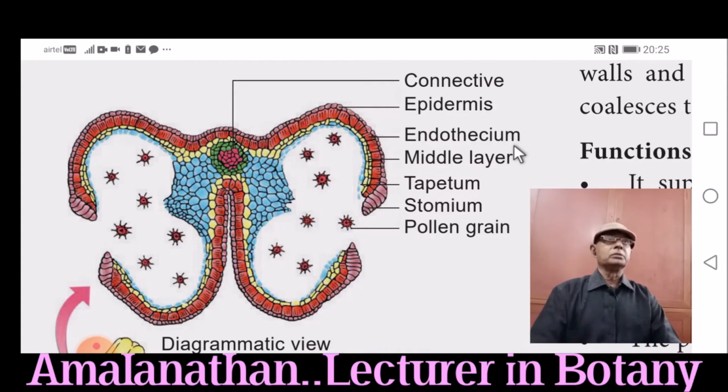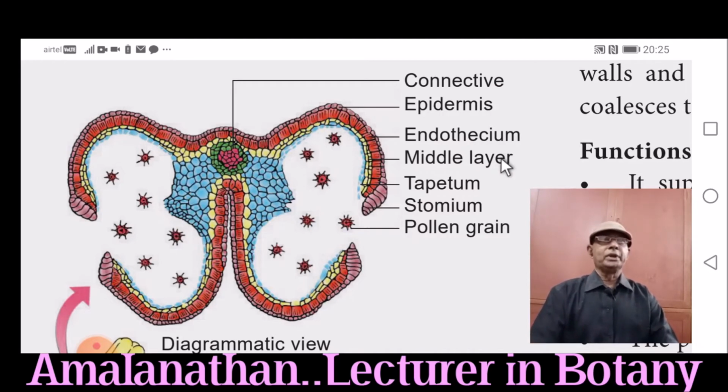The tapetum nourishes the developing sporogenous tissue, microspore mother cells and microspores. It supplies food materials to the developing sporogenous tissue, microspore mother cells and also for microspores.